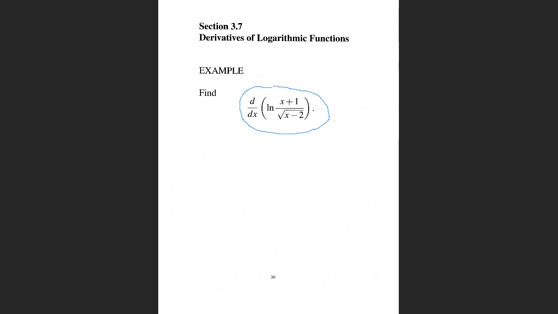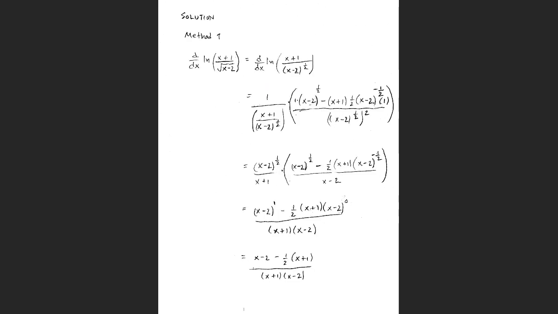All right, so let's look at how we're going to do this. And notice, by the way, this is the natural log. We're taking the derivative of a natural log. Of course, we're going to have to apply the chain rule.